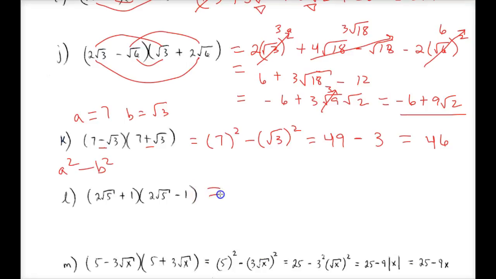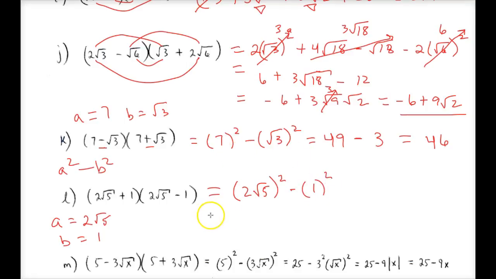Similarly, for example L, we view A as 2 times square root of 5, B as 1. So this would be 2 times square root of 5 quantity squared minus 1 squared.